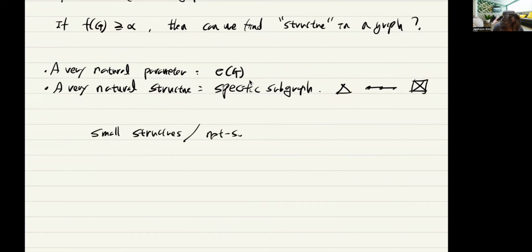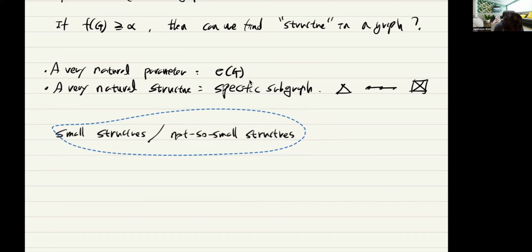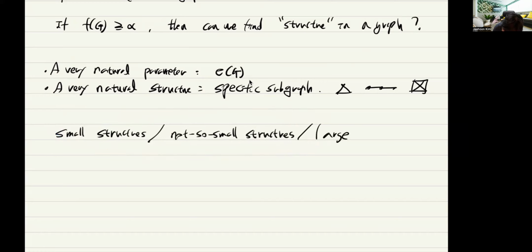And we can consider, say, small structures and, let's say, not so small structures, and large structures.